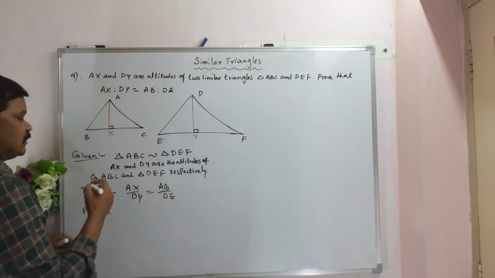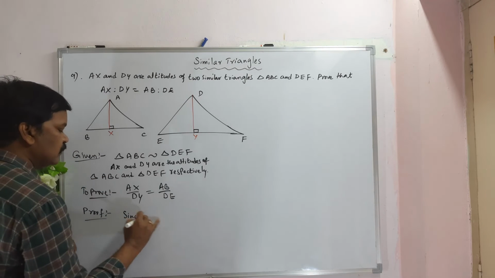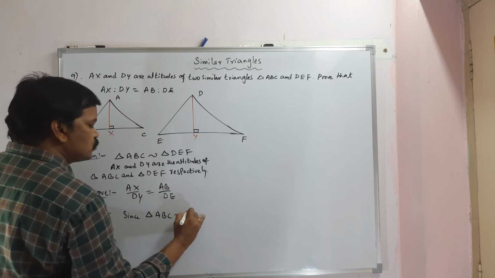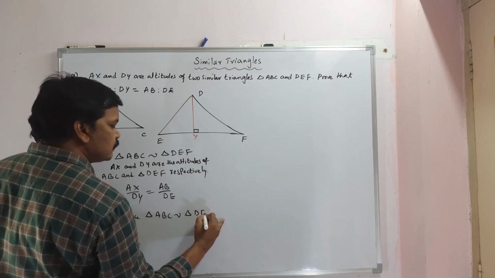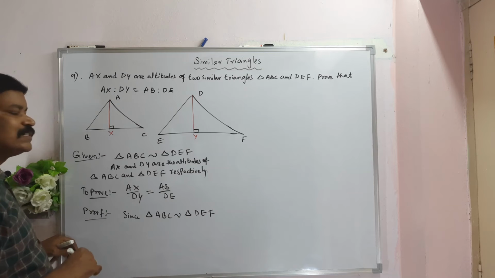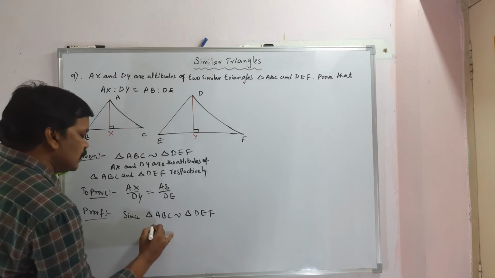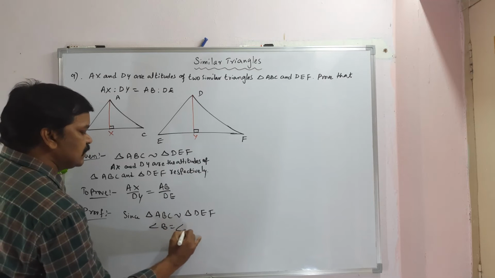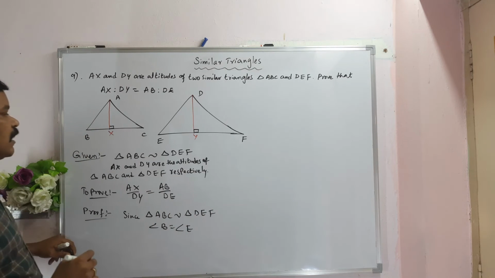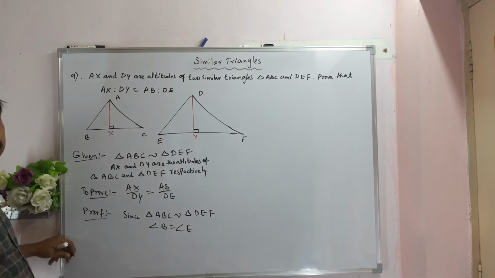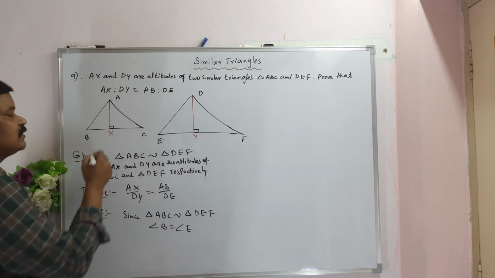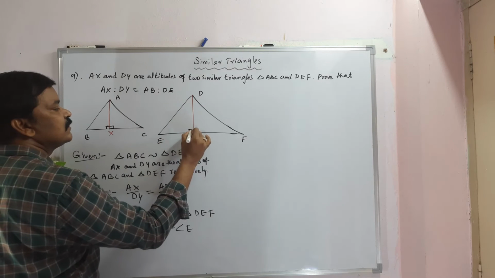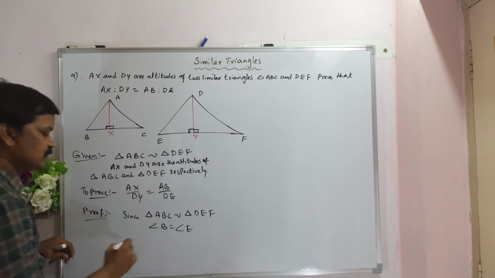Now, here since triangle ABC is similar to triangle DEF, I will take angle B equal to angle E. And it's very simple here. This angle is 90 degrees, and this angle is also 90 degrees.